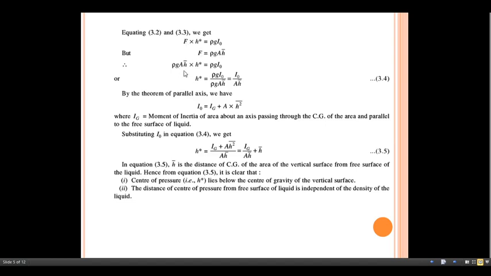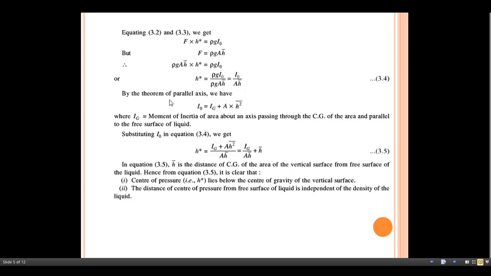Just substitute this for F in the term with h star, and this one remains as it is. In this way we get h star equals rho g I naught divided by, since this term goes in the denominator, rho g a multiplied by h bar. Whatever terms get cancelled, just cancel them. Rho g gets cancelled. Here only I naught divided by a h bar will remain.